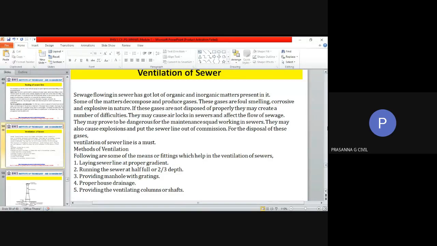If you are able to provide a proper connection... you would have read articles in newspapers where people said that during certain rainy conditions or because of improper laying of the drainage system, the water in their closets rises and comes back, and there is a foul-smelling overflow. These are all because of improper laying of the drainage system.